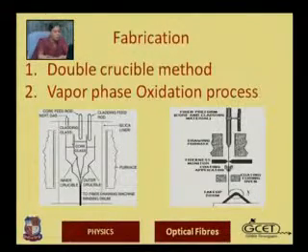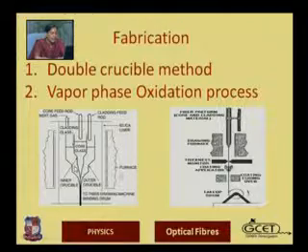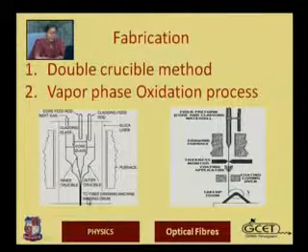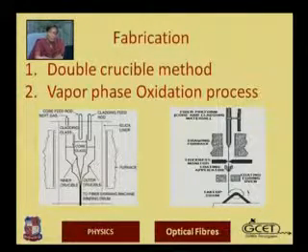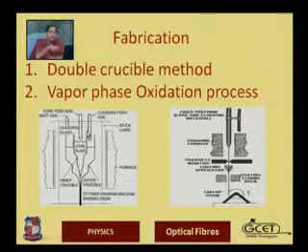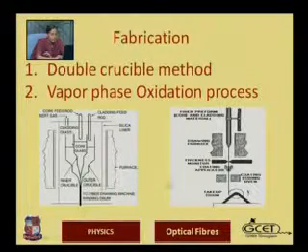There are two crucibles, in which the inner crucible has core glass and the outer crucible has cladding glass, and with this there is a fiber drawing machine which draws the fiber, core and cladding together. With the cladding feed rod and core feed rod one can feed the core and cladding material into these two crucibles, and here is the fiber optic cable which can be made.